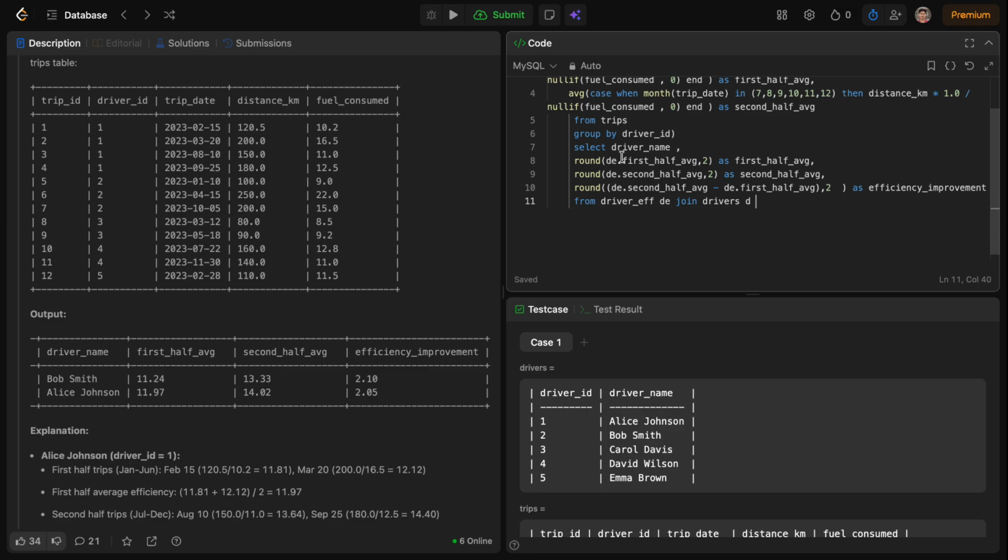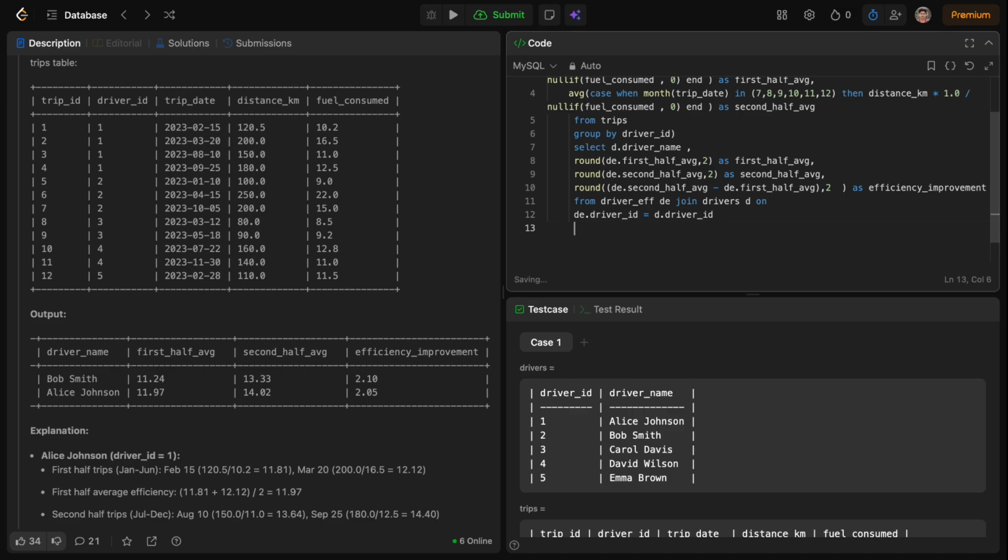So for the driver name, D dot driver name, on what basis? On the driver ID basis, so D dot driver ID equal to DE dot driver ID.